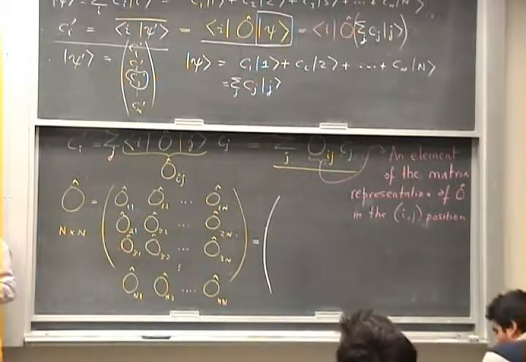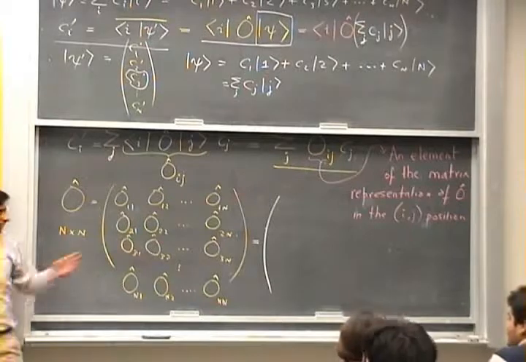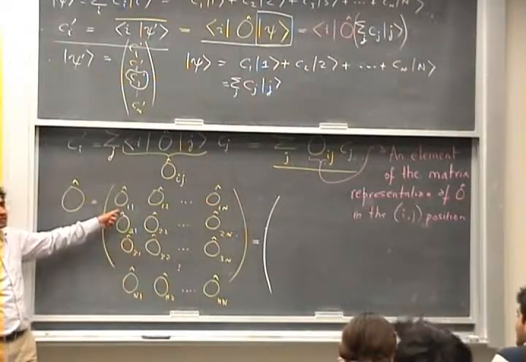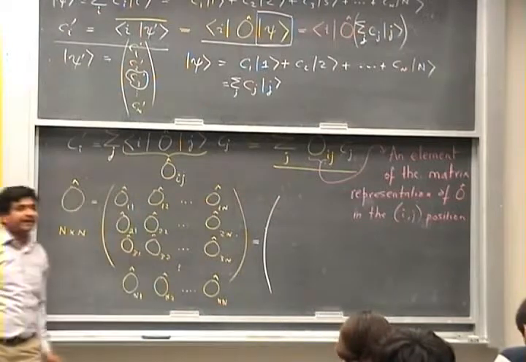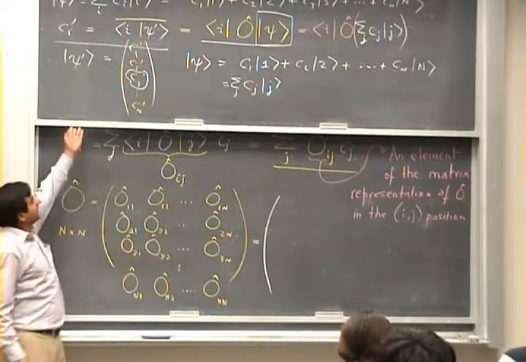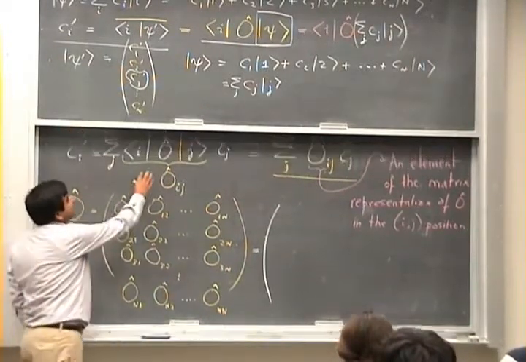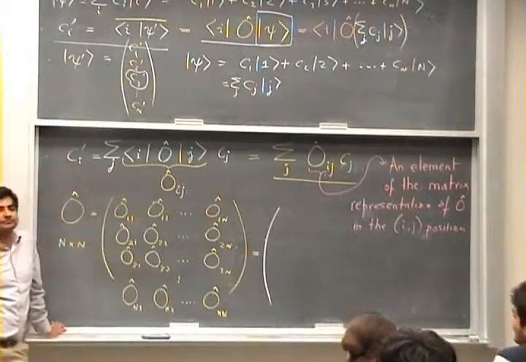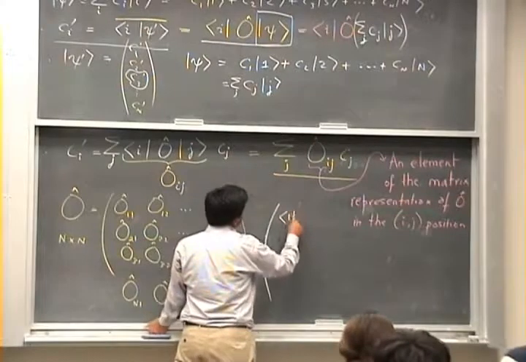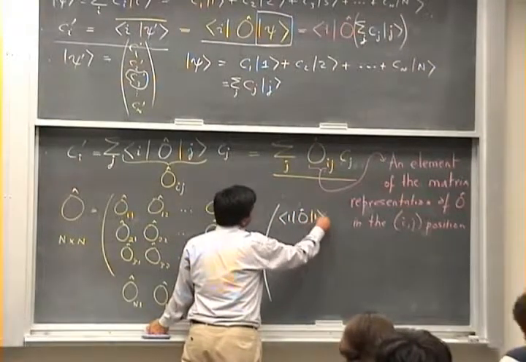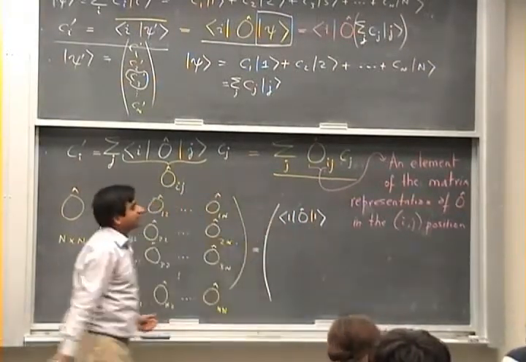Okay, that conforms to this representation. So this is the matrix representation, and each one of these n squared elements is given by this inner product. So this O11 will be bra1 operator acting on the state 1 and its inner product with the state 1.